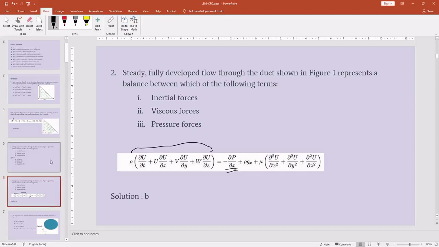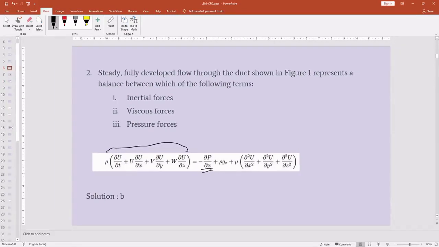Then the next term is called body forces, because the forces acting on a fluid or on a system by virtue of any external field are called body forces.